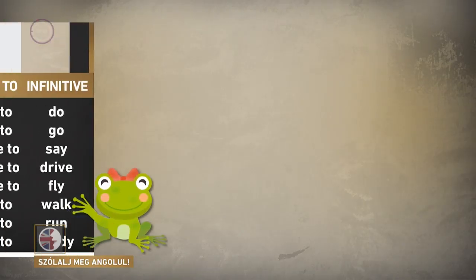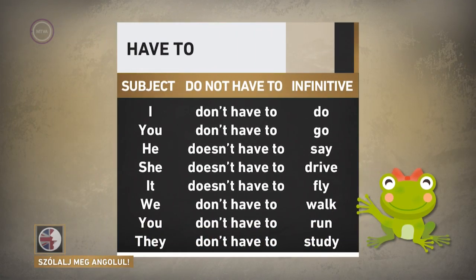Okay, so let's see Mabel's table, which shows what happens when we add not. So, we use the verb to do and add have to.